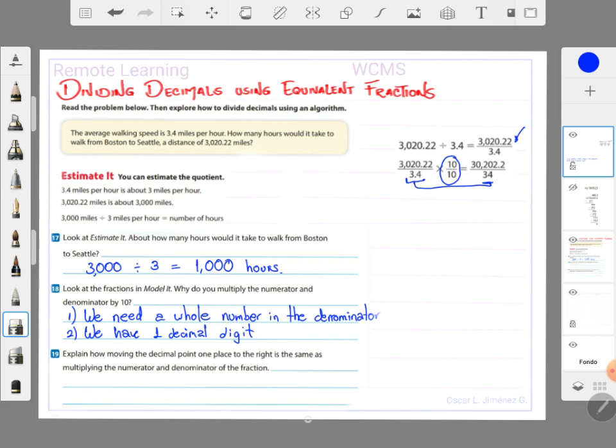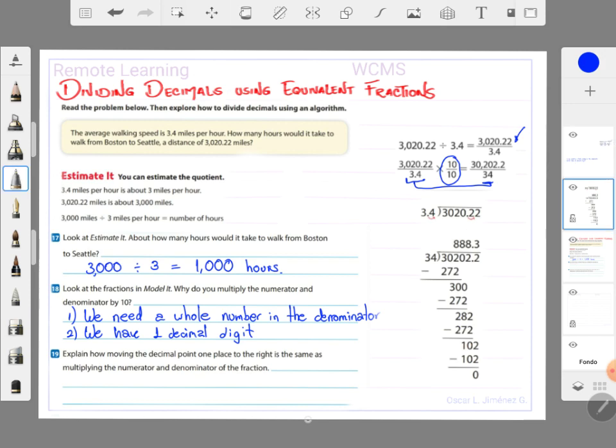How is moving the decimal point one place to the right the same as multiplying the numerator and the denominator of the fraction? So they are asking for this. Okay. So we have the dividend 3020.22 and the divisor 3.4.